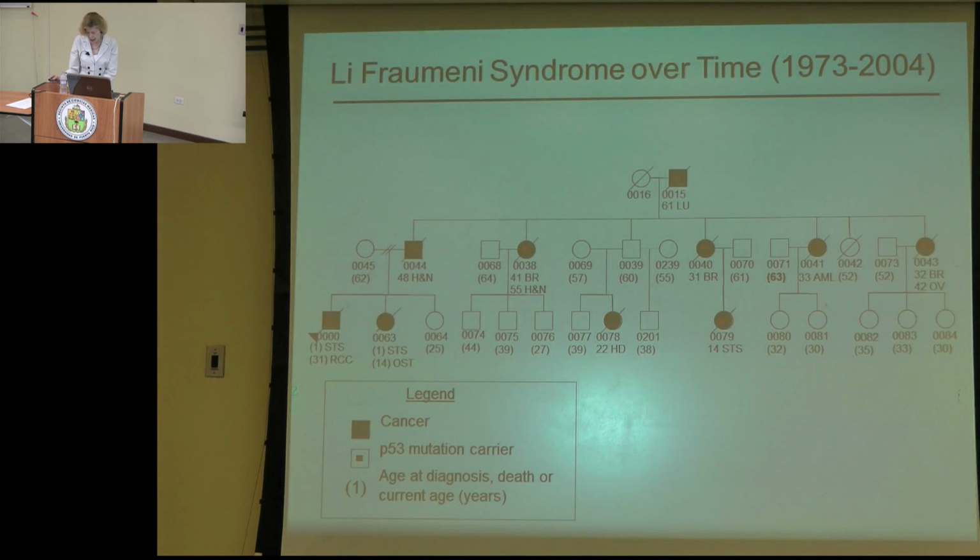So we tried to look at our group of families at the time. And the way we decided to look at it was we had an older generation and a younger generation. Now, if this was just some change in the environment, change in dietary habits, lack of exercise, something that would affect a large population, then if there was going to be a shift in age at onset of cancer from one generation to the next, you would expect to see it whether you were a mutation carrier or whether you were wild type.